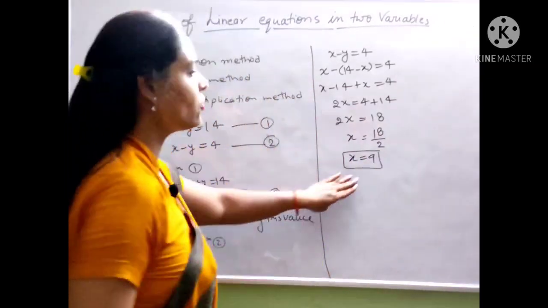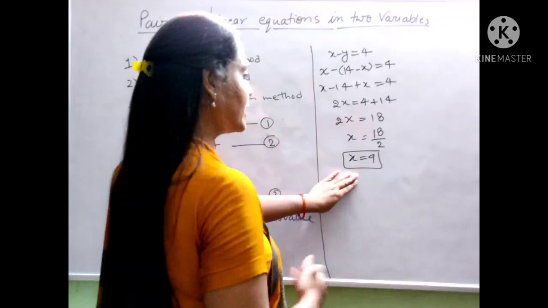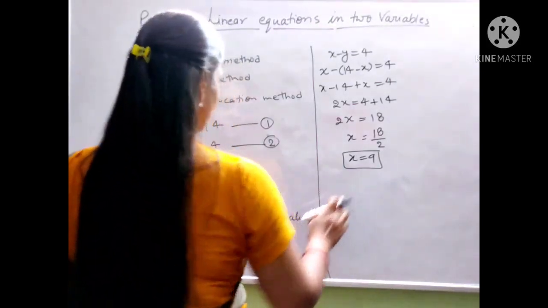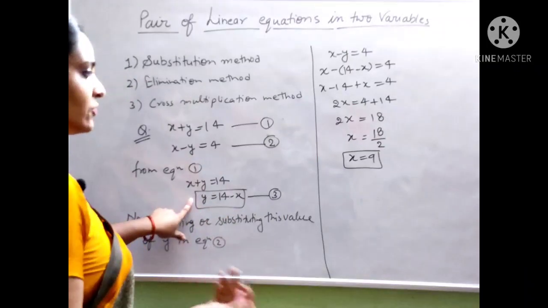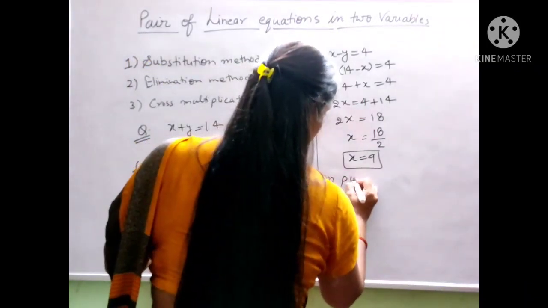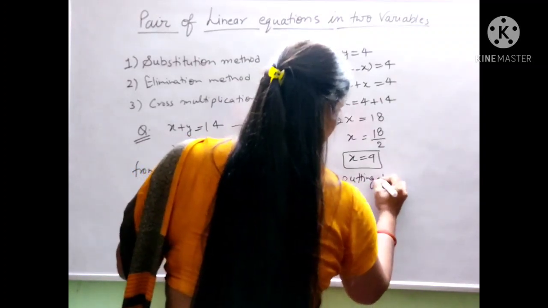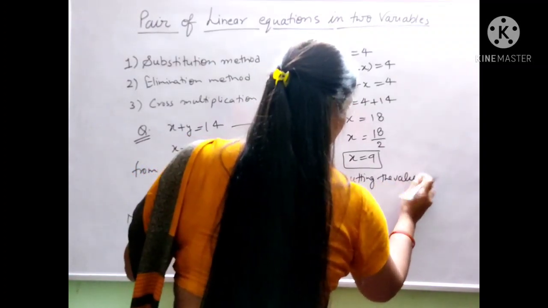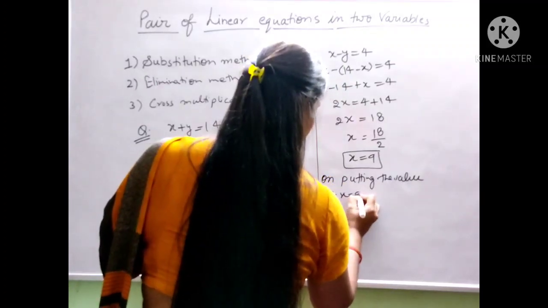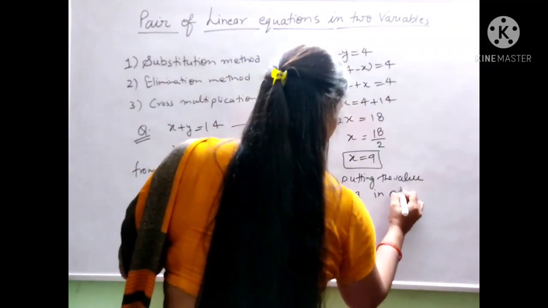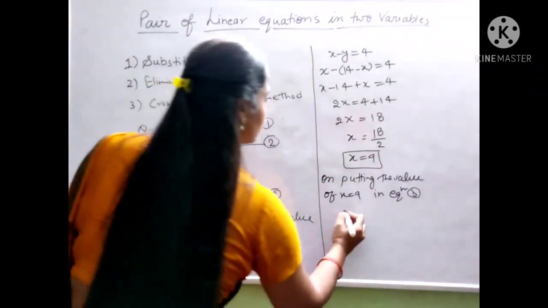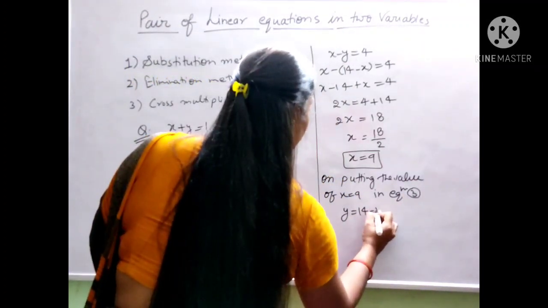So this is the value of x. Now we have to find the value of y. So on putting the value of x in equation 3, we will get the value of y. y is equal to 14 minus x.